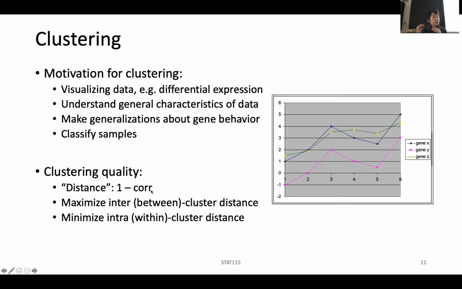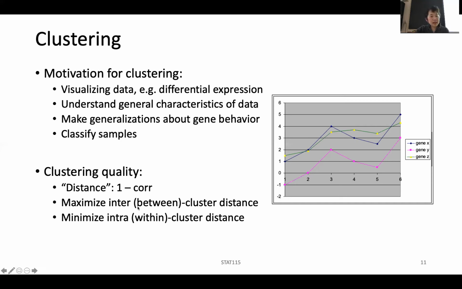Basically, if two genes are completely correlated, their correlation is 1, their distance is 0, meaning these two genes are extremely similar to each other. Whereas if these two genes are completely opposite, their distance is 2, which means they're very, very different. Does that make sense? Some people also use the absolute value of correlation, so 1 minus absolute correlation, which means that even if two genes are completely opposite, maybe they are also related. You can use that as well.